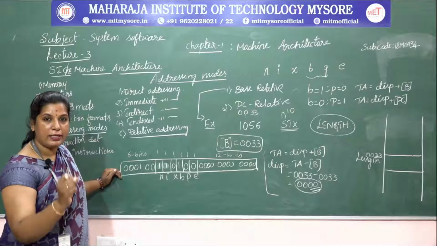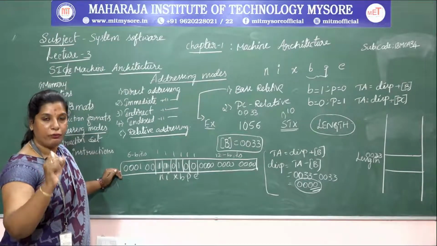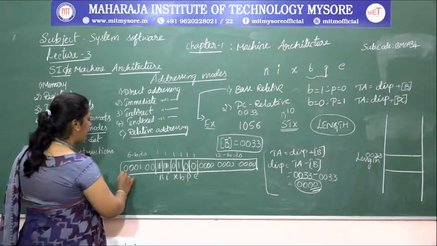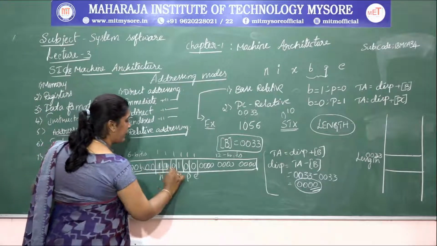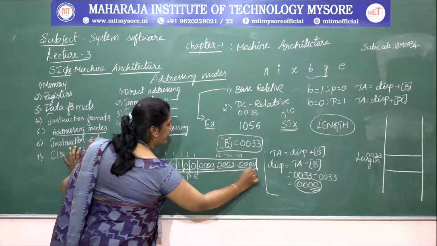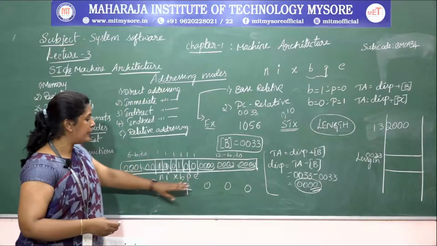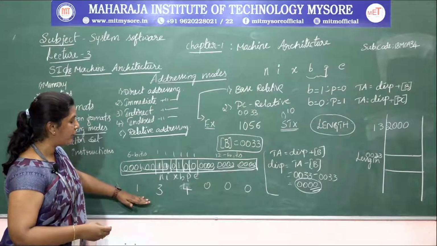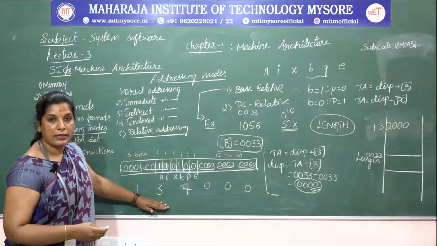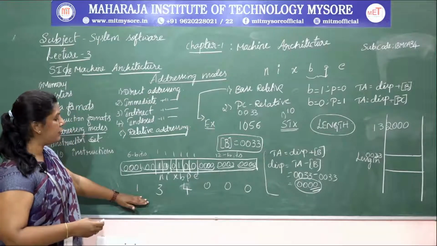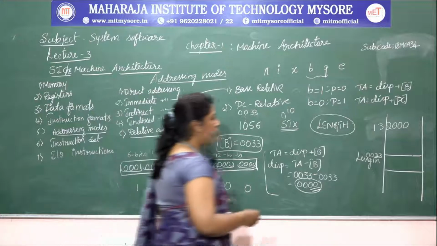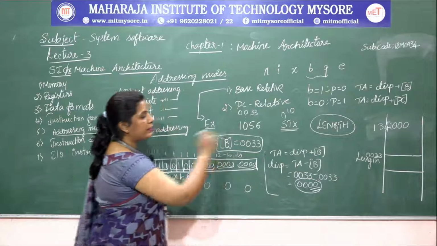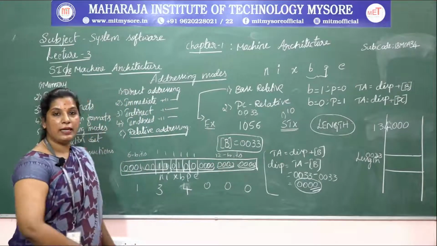After this, it groups 4 bits to form a single hexadecimal digit to get the object code. For each 4 bits, we write the corresponding hexadecimal digit. So for the hexadecimal digits, it is 134, 0, 0, 0. There are 6 hexadecimal digits. So what is the length of an object code?